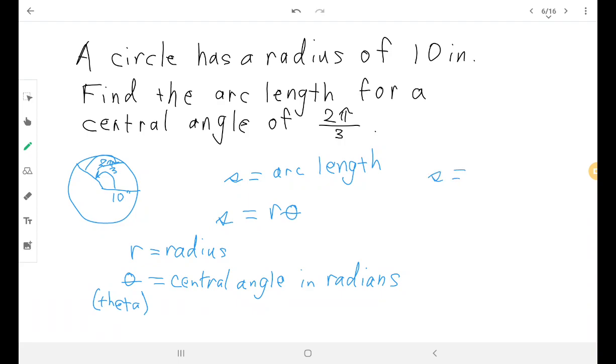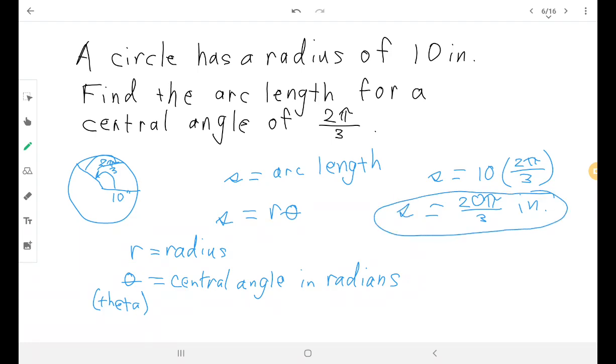The arc length is the radius, 10 inches, times the angle, 2 pi over 3 radians, which is then, well, 10 times 2 is 20 pi over 3. And this will still be in inches because radians are what we call a unitless measure.